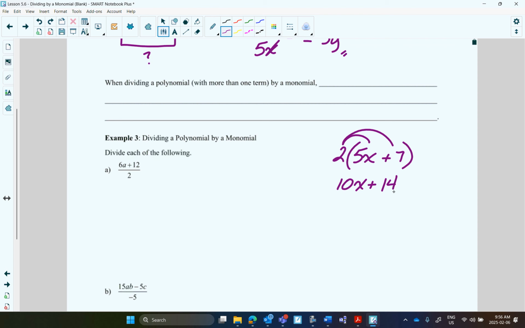How would you think you'd divide it? Finley? Yeah, divide everything up top by 2. So it's going to be 6a divided by 2 plus 12 divided by 2. We're just going in the reverse order. 3a plus 6 is the answer.